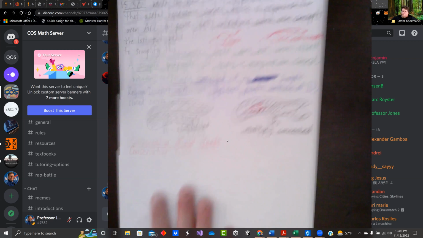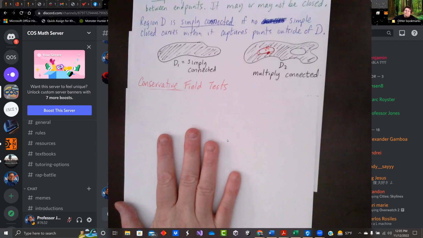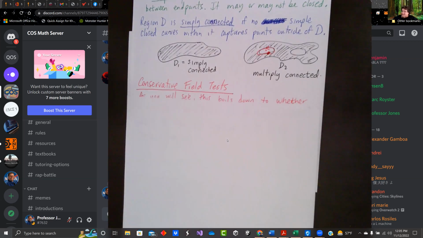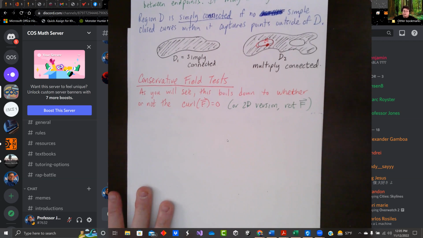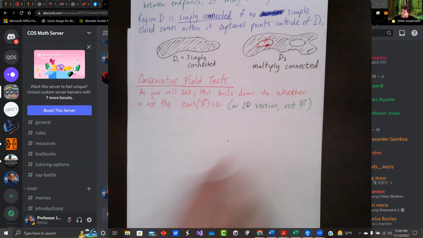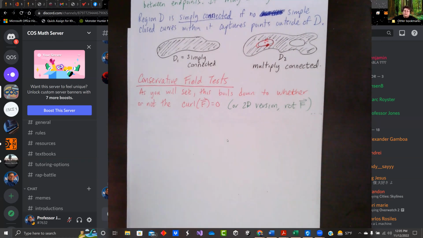And so what are we going to do to test conservative vector fields? You're going to see in this video and the next video, this all boils down to whether or not the curl of the force vector field is 0, or effectively the 2D version, the rotation, is 0. So we'll see that in the next 2 parts.